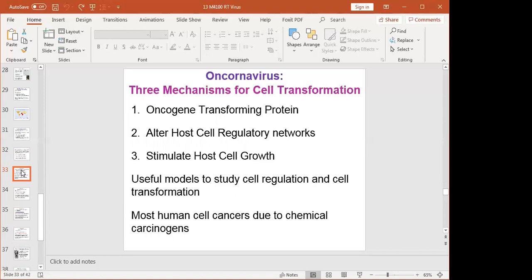We'll talk about these three scenarios, but know that these oncoviruses provide useful models to study host cell regulatory systems and transformation events. But also remember that most human cancers are due to chemical carcinogens, and viruses serve as co-carcinogens.